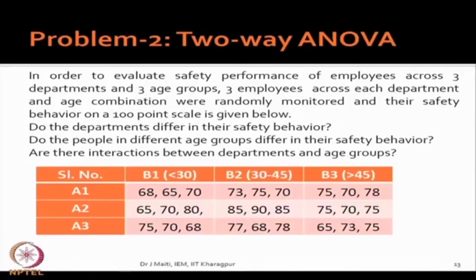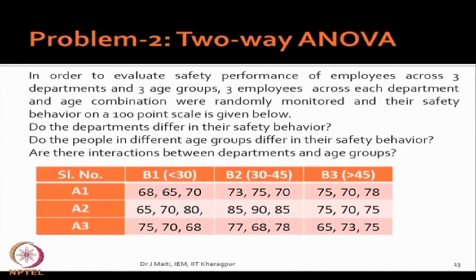So, depending on the nature of the relationship between the factors, the behavior of the system will be different. Now, here it is the same example, but the data are hypothetical. So, you may not get an exact one-to-one relationship between the department effects in this problem and the problem given in 1, that may not be correct.